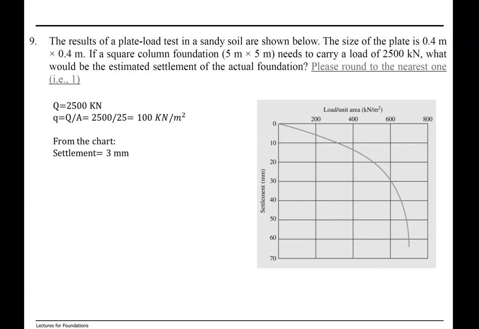Question number 9. We have the results from plate load test. This is in sandy soil. So this is really important. We have sandy soil this time. The size of the plate, so width of plate, is 0.4 meters.